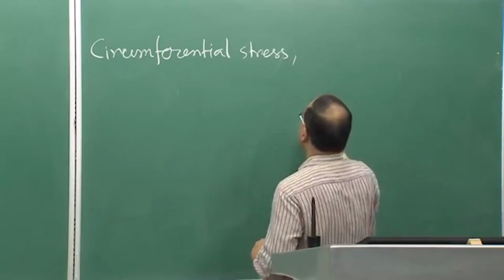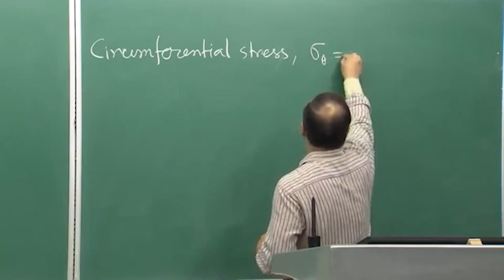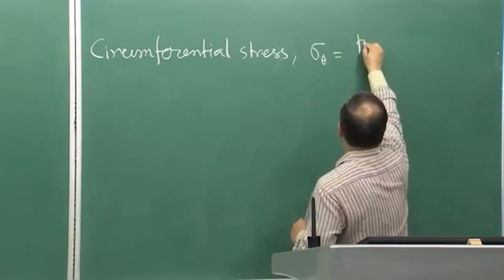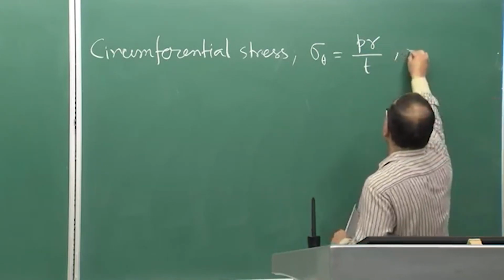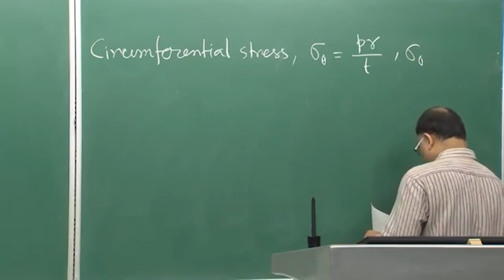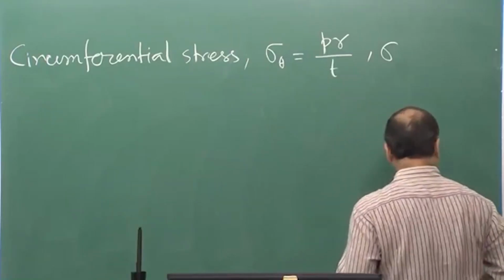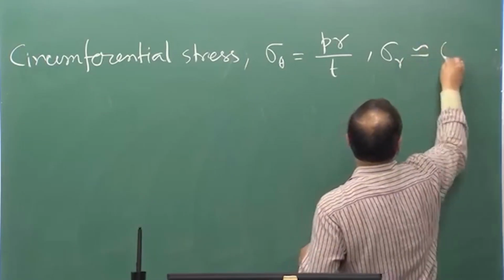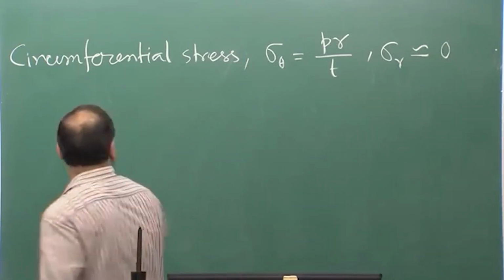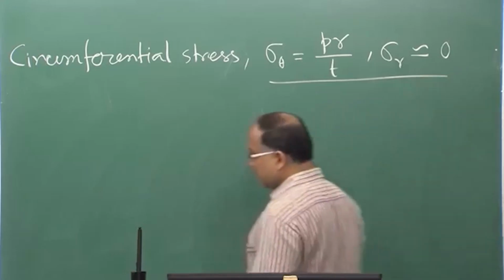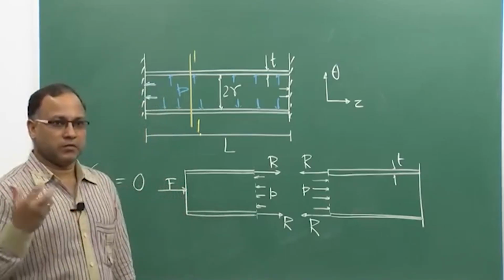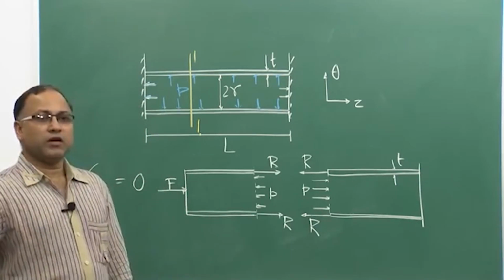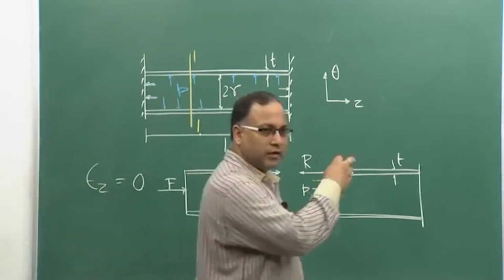The circumferential stress will be this, and your sigma r should be approximately 0. These two components you get from the theory of thin wall pressure vessel, by following the derivations we did. Anyway, we are not repeating that here.